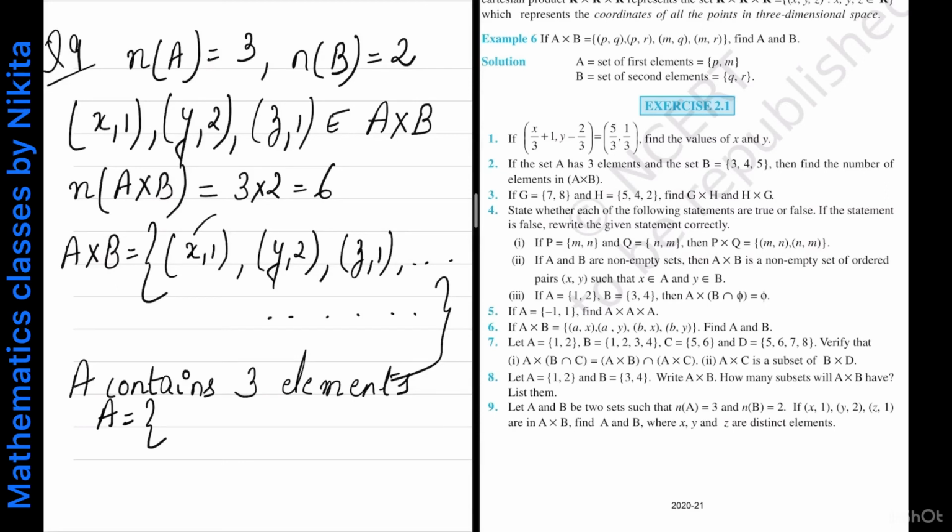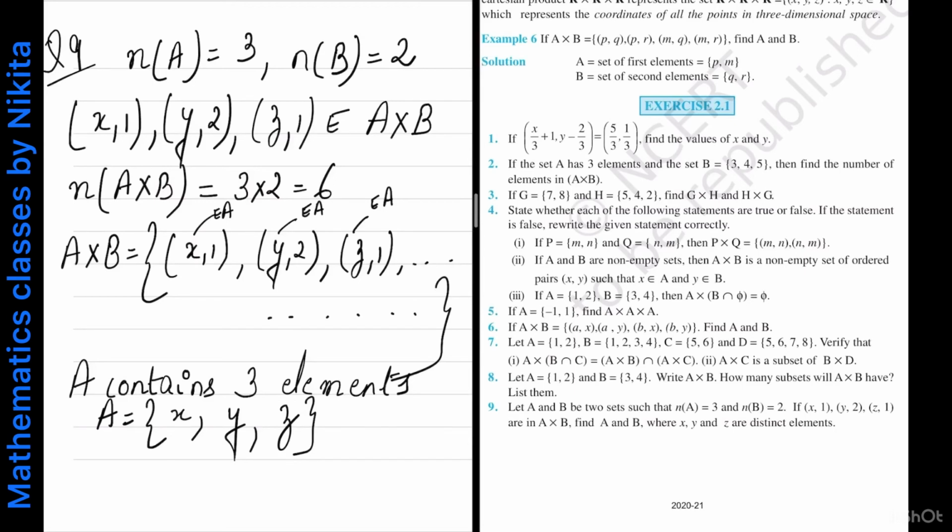So this x will belong to A. तो पहले मैं x लिख देती हूँ. Now this y will belong to A, then y. This z will belong to A, so I'll write z. And I know from the given information that x, y, z are distinct. So therefore A is nothing but {x, y, z}, since cardinality of A is 3.